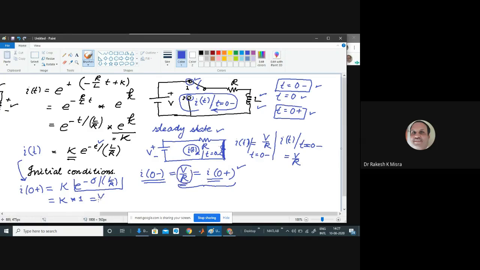So our k comes out to be k equal to V by R.